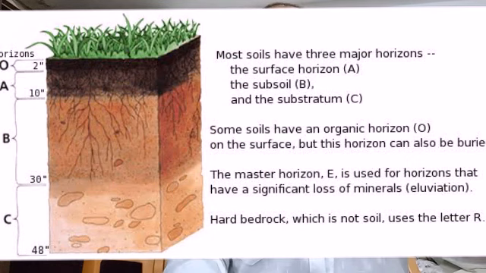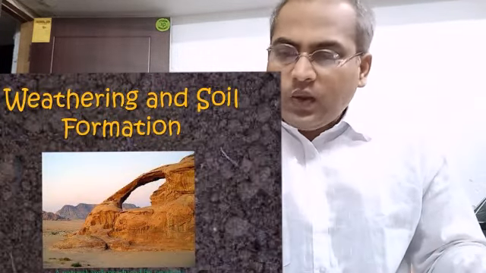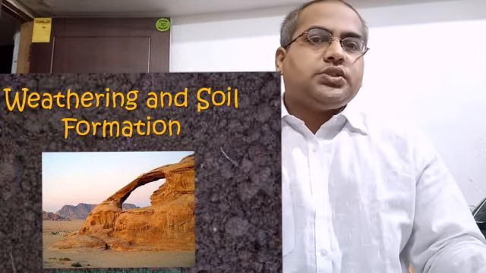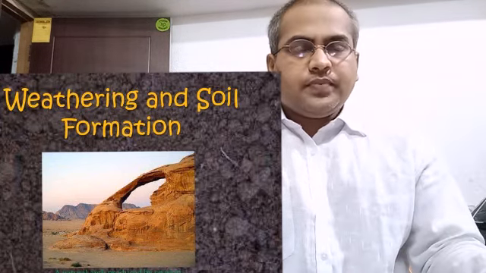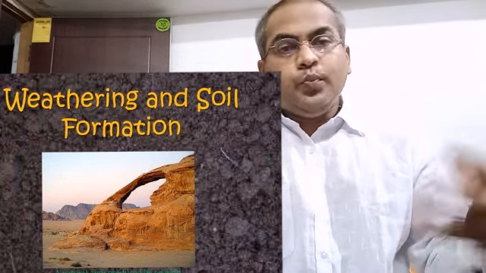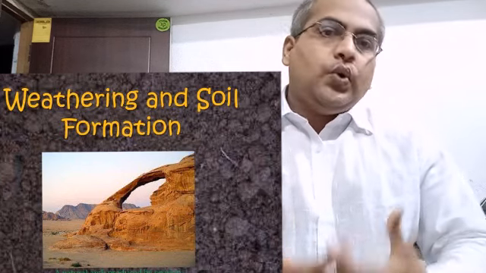So the horizon A or the top soil. As I discussed earlier, in the top layer humus is present, and this humus is dark in color. So the color of the top layer of the soil is what? Dark. And as humus is present, this is a very fertile soil, and it has water holding capacity.